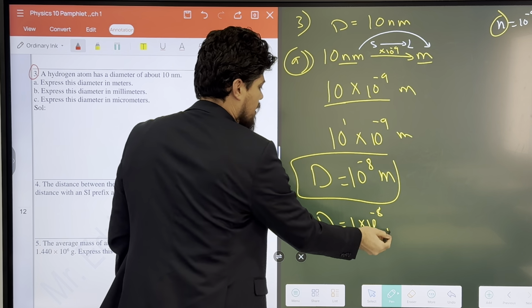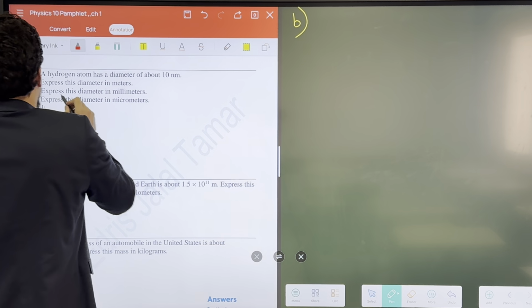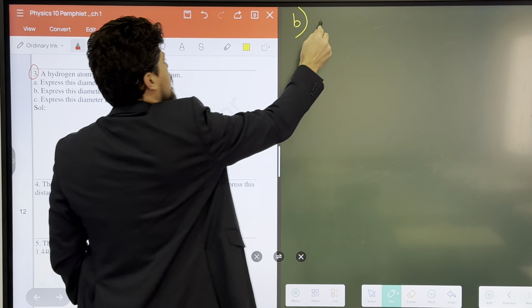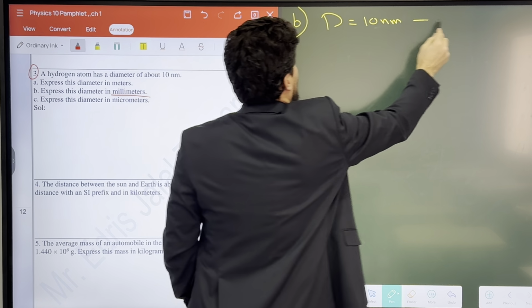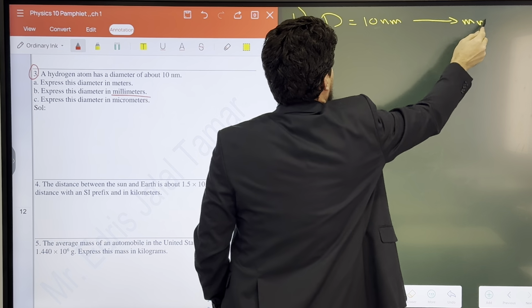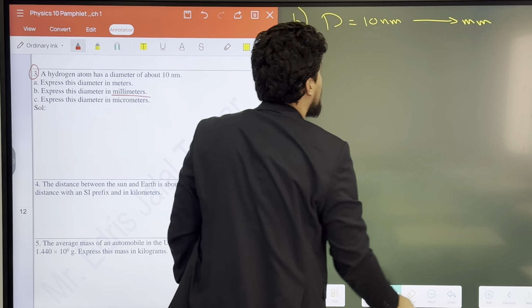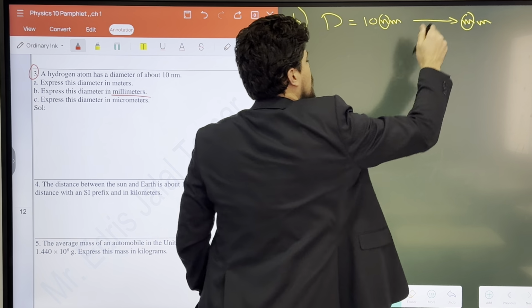Branch B, question 3, express this diameter in millimeter. Okay, the diameter was given 10 nanometer. Convert to what? To millimeter. So how many prefixes do we have, guys? We have two prefixes, nano and milli.